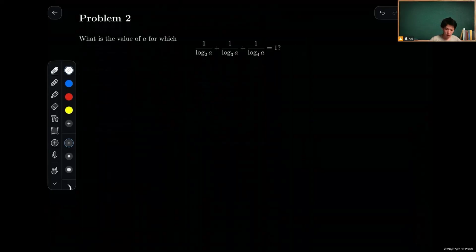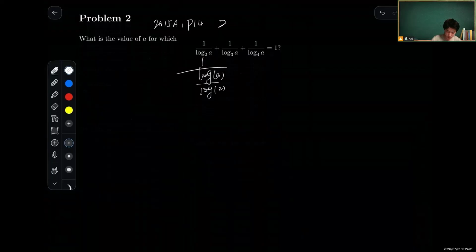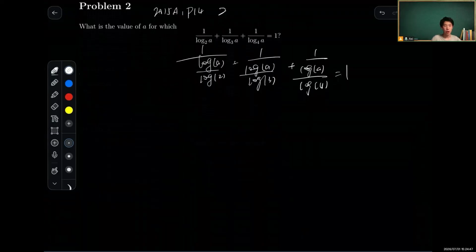Next problem. This is from 20A, problem 14. Difficulty 2 again. Which is the value of a for which the following is equal to 1? Again, we try change of base. Essentially, it's just saying 1 over log a over log 2 plus 1 over log a over log 3 plus 1 over log a over log 4 is equal to 1, where log is just a general base.